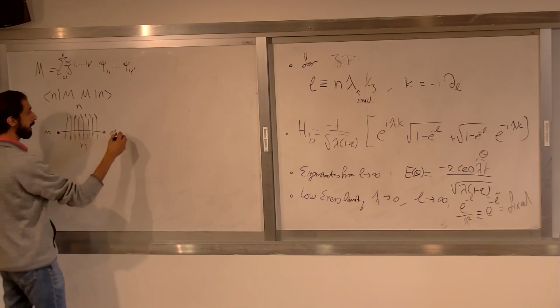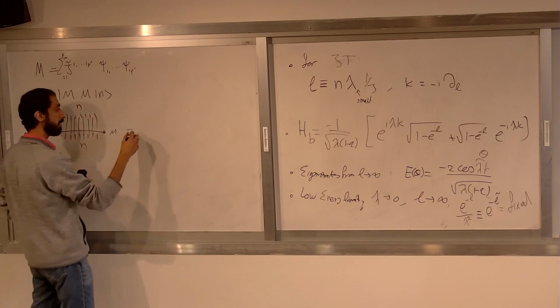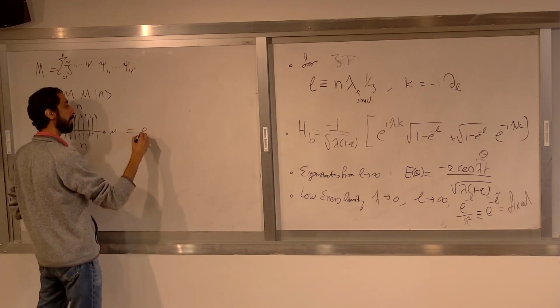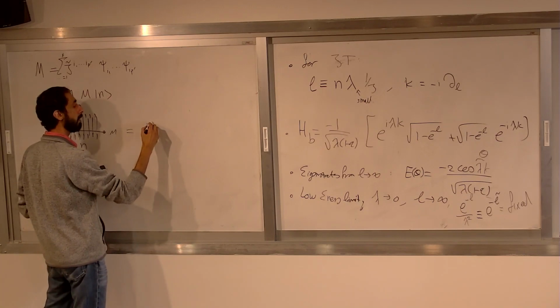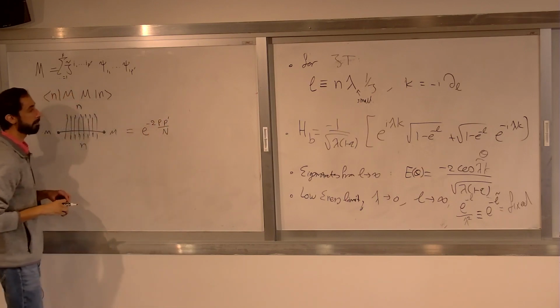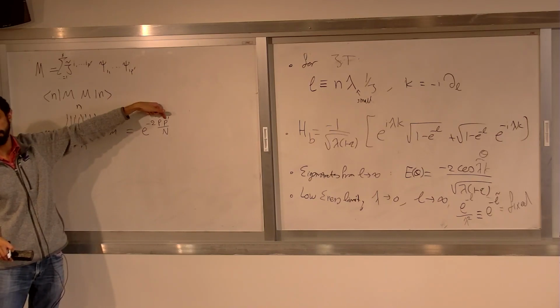And again, just like before, there's a penalty factor for intersections. The penalty factor here is going to be e to the minus 2p times p prime over n. P was the number of fermions involved in the Hamiltonian. P prime is the number of fermions in the operator.